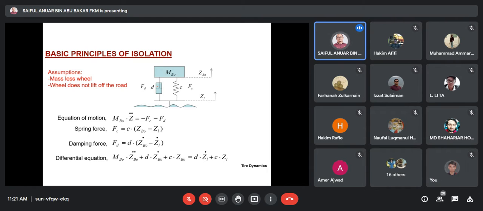But nowadays we have different types of engine mounting that not only allow the engine to move up and down, but also sideways, in the lateral direction. That is a different topic. But the most basic engine mounting is just 1 degree of freedom, representing the mass and spring system.